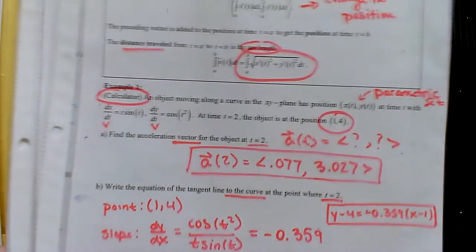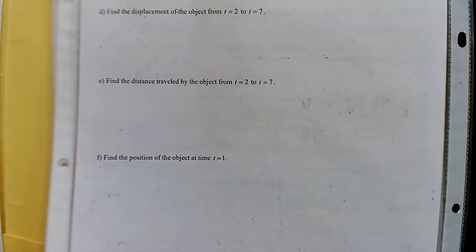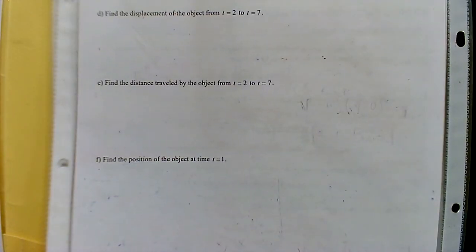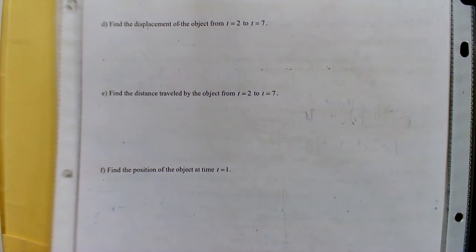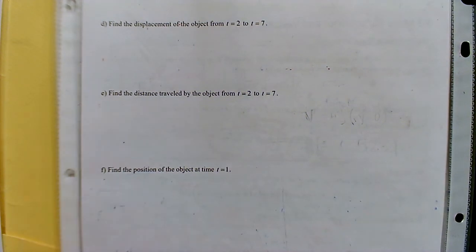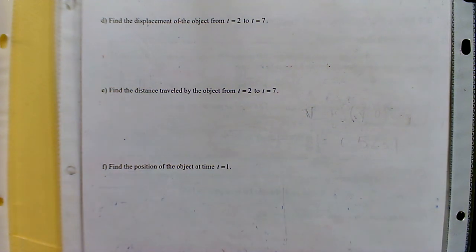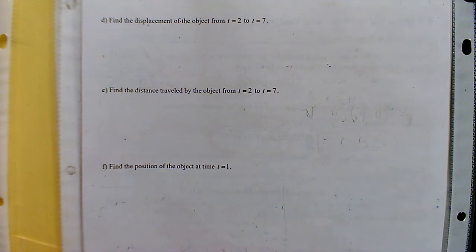All right. We still have some more questions about this particle on the back, so we might have to flip our page to reference if we have to. Let's see the next one. Find the displacement of the object from 2 to 7. How do you want to try that? How far it is from where it started. Specifically at time 2, because that's our lower bound.